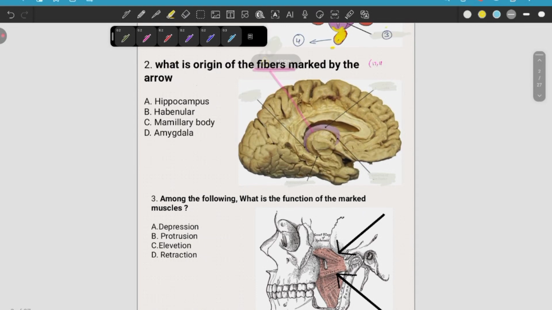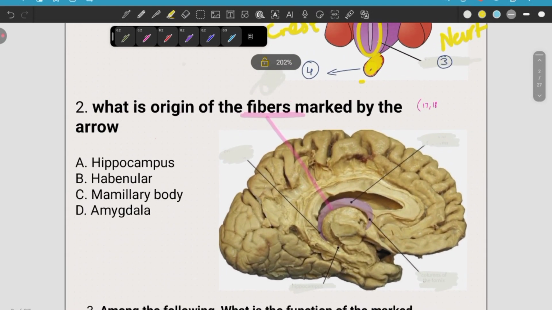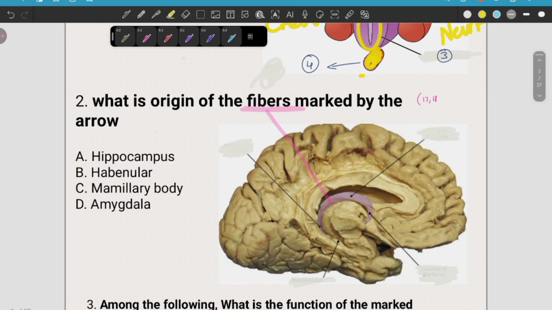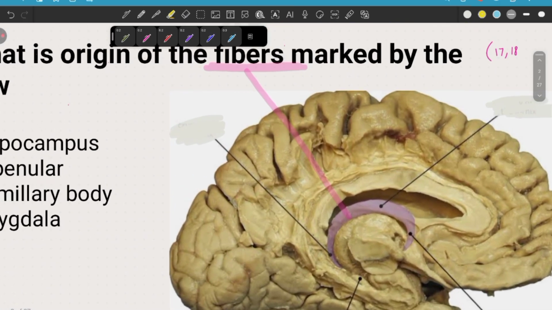Next, coming to the second question: what is the origin of the fibers marked by the arrow? This is actually a favorite, frequently asked question of INICET. The marked structure here in pink is the fornix.